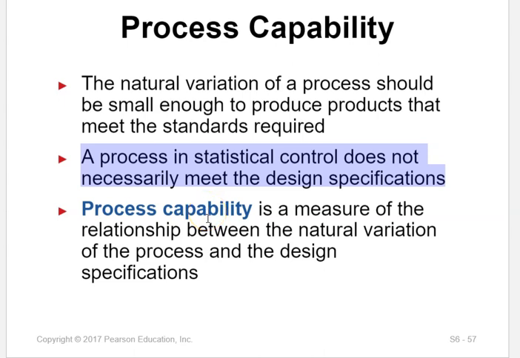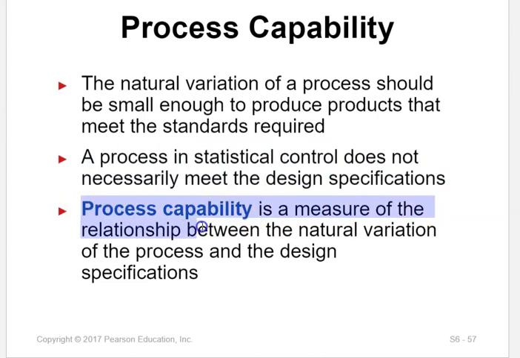How different is the system working compared to the actual design, and if it's far from it, there's a problem and it needs attention, okay? Process capability is the measure of the relationship between the natural variation of the process and the design specification.